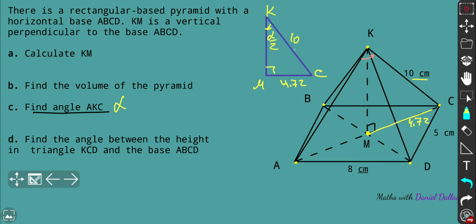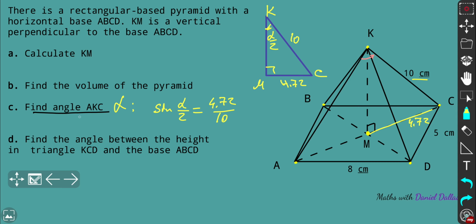So 10 is the hypotenuse, 4.72 is the opposite leg to the angle. So we can calculate alpha over 2. Writing the formula for the sine, sine of alpha over 2 is 4.72 over 10.